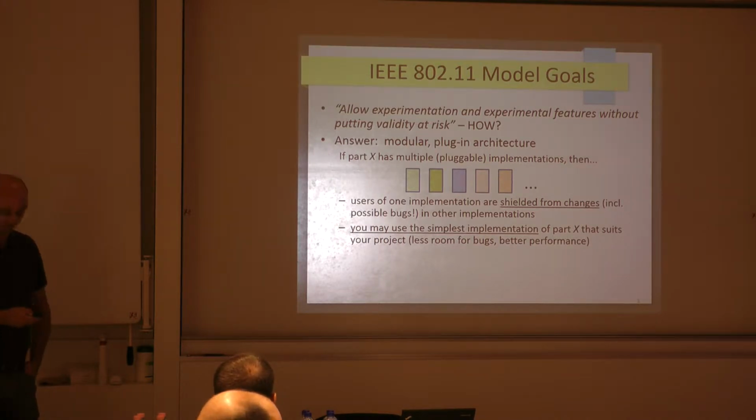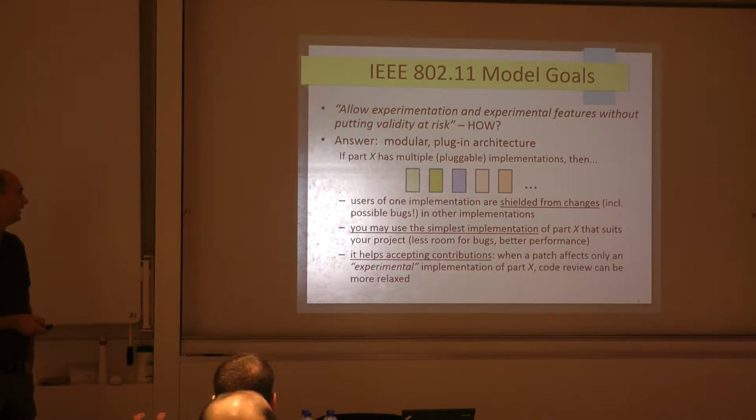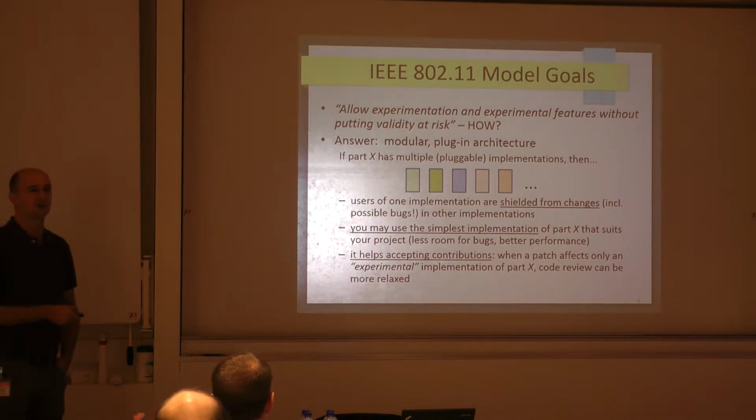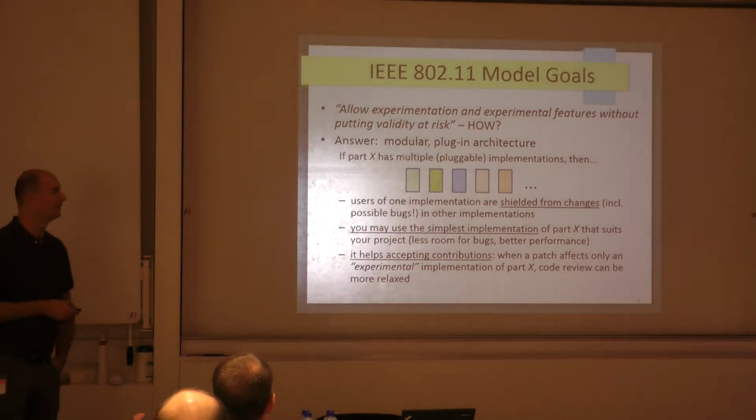And with the other, more complex implementation, you will not get the bugs and the performance penalty. This kind of plugin architecture also helps contributions, because people can copy one of these blocks, put in experimental features, and we can accept it into the INET code base and label it as experimental. Then people will know that we have to treat this with caution.